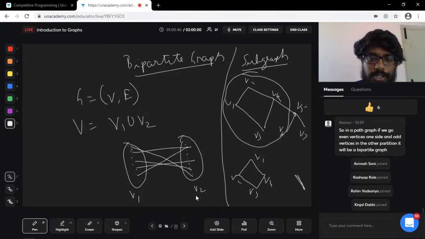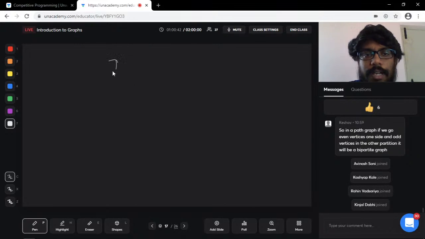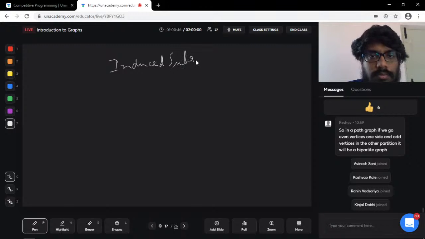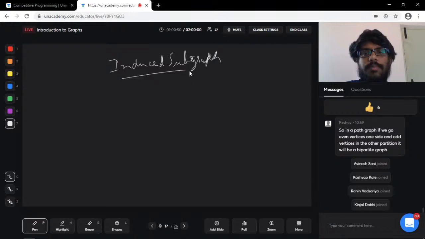Another definition is an induced subgraph. An induced subgraph is just a subset of the vertices, and all the edges between them I have to take.